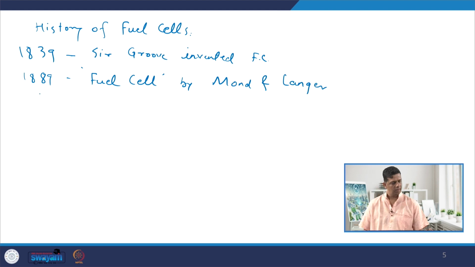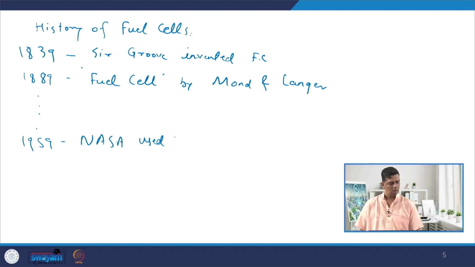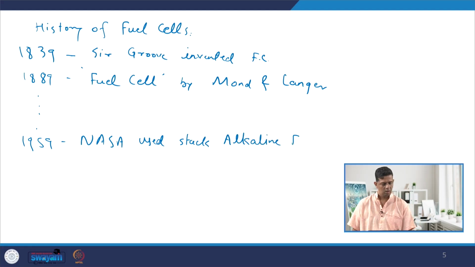And of course, there were then a few more inventions and additions to this technology. However, things really started seriously in 1959, when NASA used a stack of alkaline fuel cell in one of their space applications.